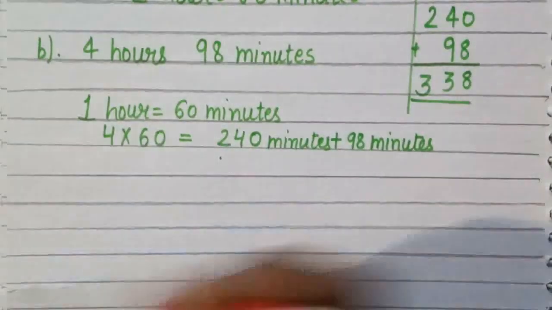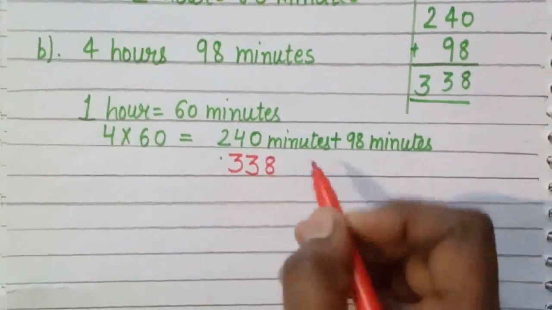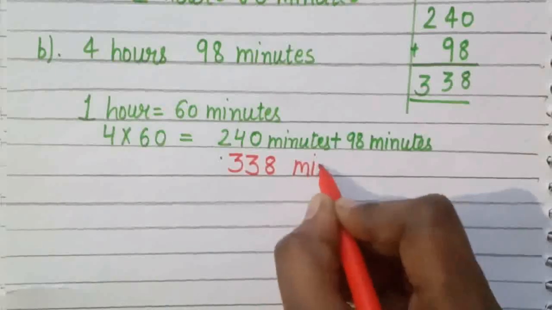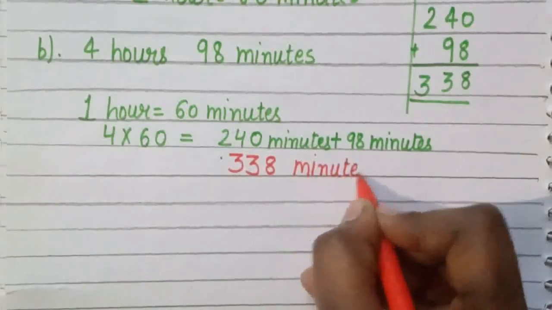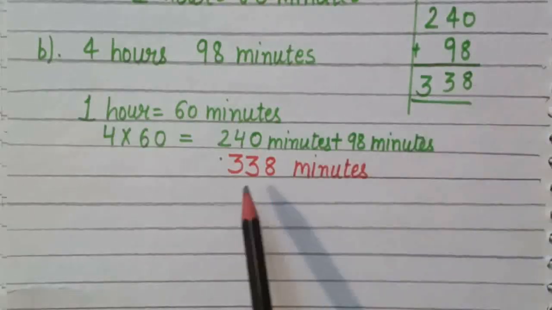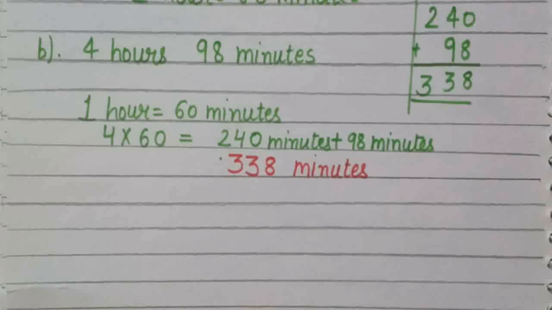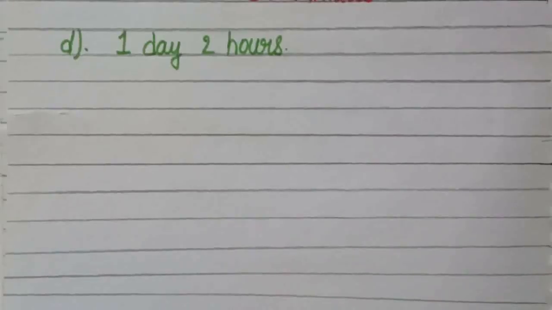Here we will write 338 minutes. The unit would be the same as is given in the question. In the question, it's given convert into minutes. That's why we are going to write here 338 minutes. Okay, children? Children, next is part D, 1 day, 2 hours.